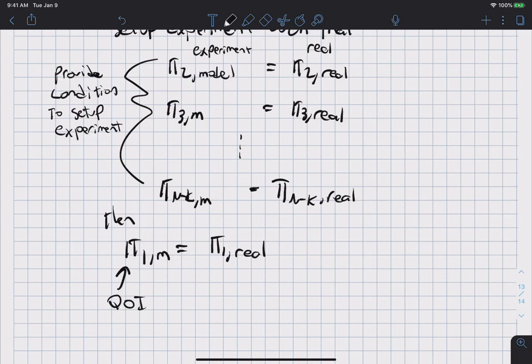Okay, so you can use these pi groups here to determine what the height is of your scale model, what flow velocity you need, what type of density you need, things like that for the fluid.